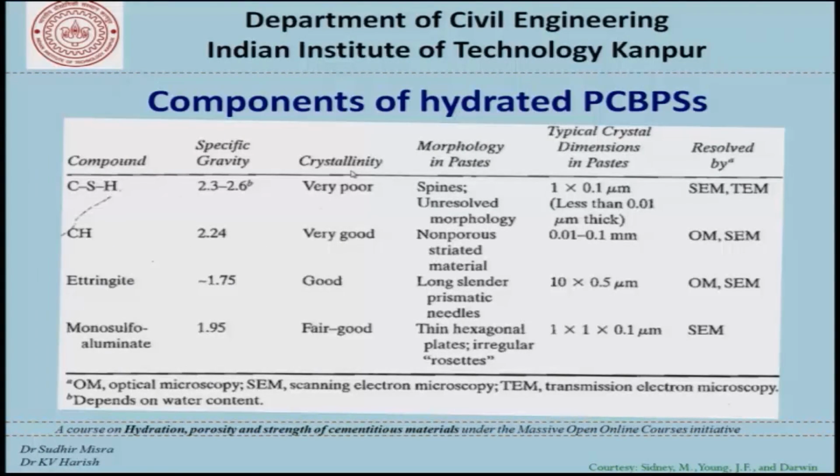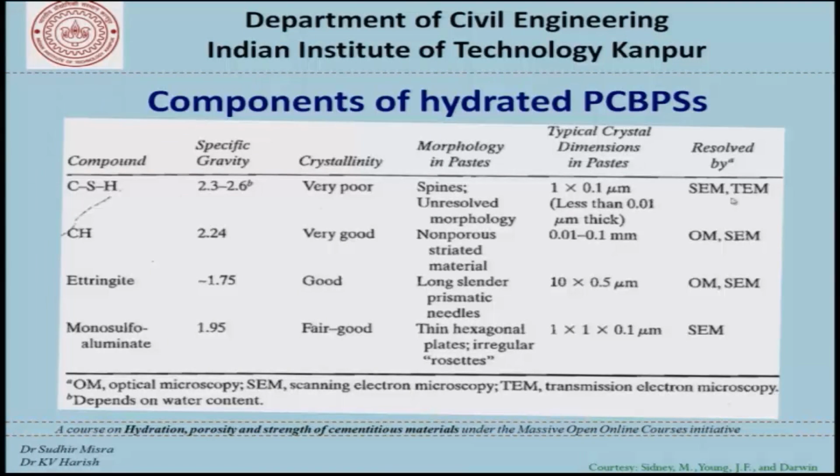Now, from the point of view of crystallinity, calcium silicate hydrate has very poor crystallinity, calcium hydroxide very good, ettringite good and monosulfoaluminate fairly good. In the case of morphology, all these compounds are at the micro level, so at the macro level we cannot see or understand the morphology.